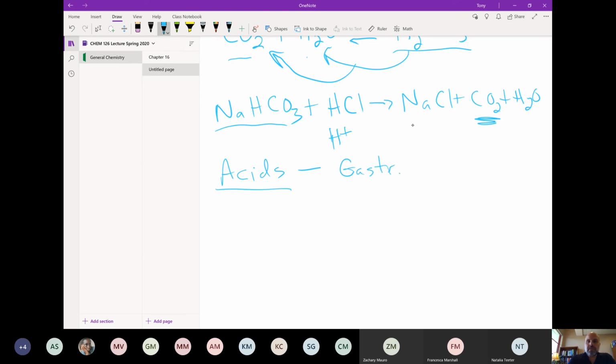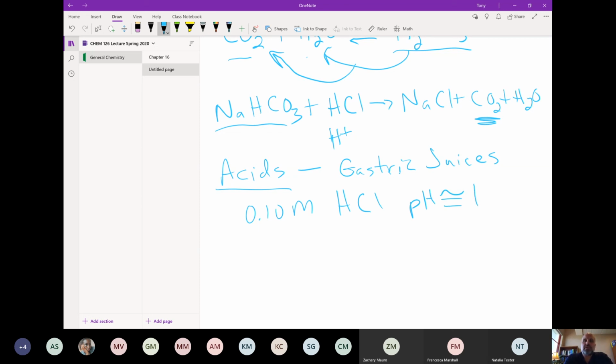The gastric juices are typically going to be around a 0.10 molar solution of hydrochloric acid, which is one of the primary acids in your stomach. This ends up being a pH of approximately equal to 1.